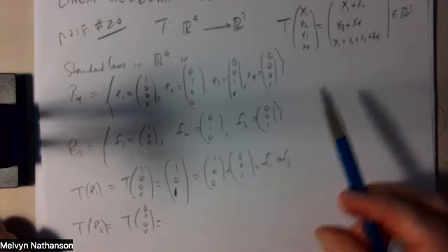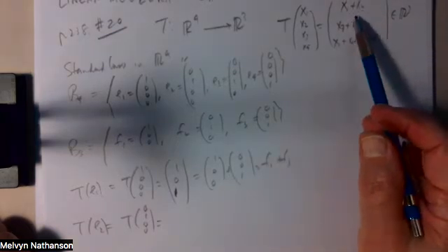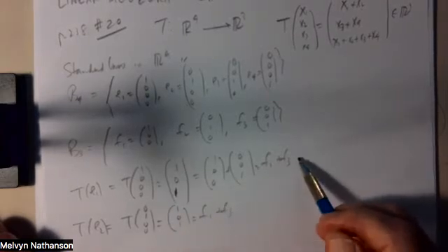So when x2 is 1 and everything else is 0, I also get 1, 0, 1, which is F1 plus F3. T of E3 is T of 0, 0, 1, 0.